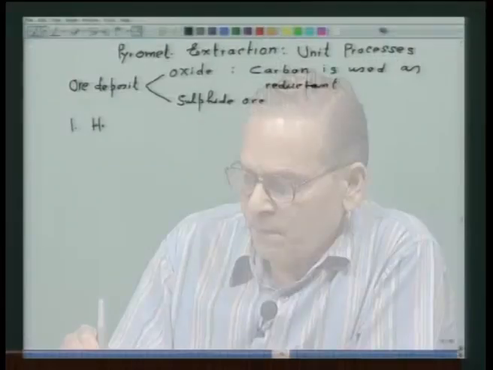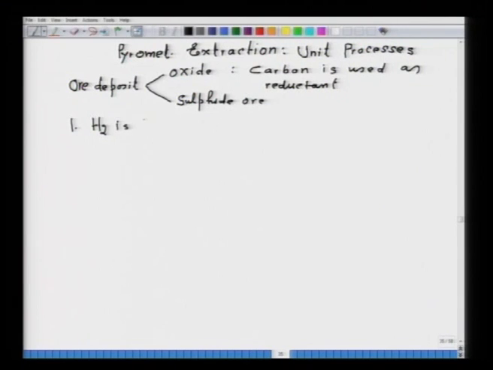First, hydrogen is not an effective reducing agent to produce metal from sulphide.